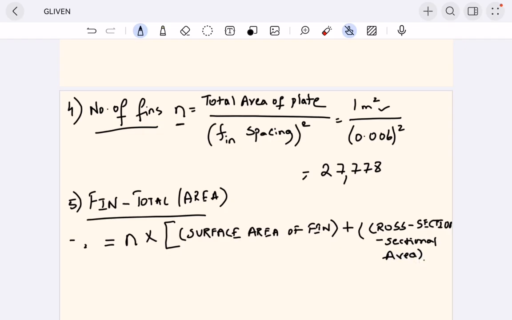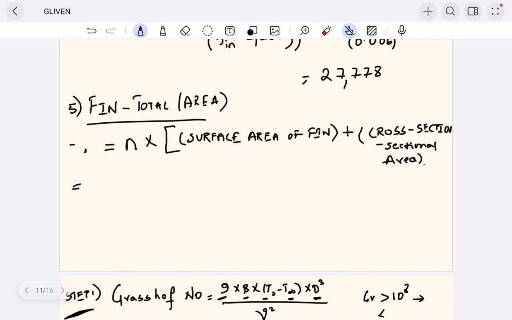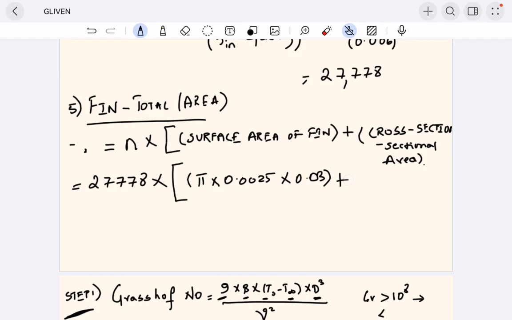Okay, so let's calculate this. So n we know it is 27,778 times the surface area of the fin, pi times the diameter, that's 0.0025, times the length, that is 0.003, plus the cross-sectional area, pi into diameter square by 4, so 0.0025 square divided by 4.